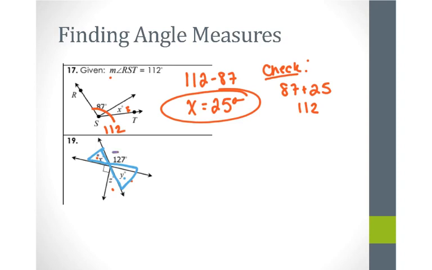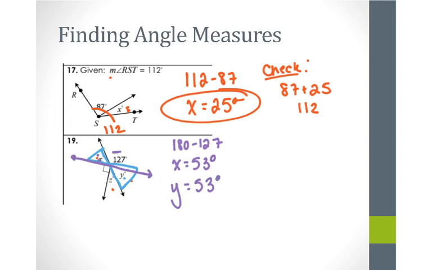It's adjacent to 127, but it's also along this, which is a straight line. So that means I can solve for X real easy first by just doing 180 minus 127 and get X to equal 53 degrees. Well, we just discussed X and Y are congruent, so that means Y has to be 53 degrees.